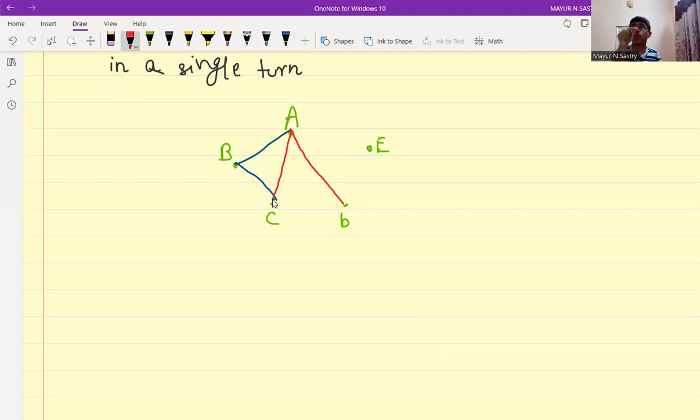I now see that I am forced to join CD and color that to be blue. But intuitively speaking, being forced to make a particular move means that I have a less chance of winning. So we'll say that BC is not a proper choice.